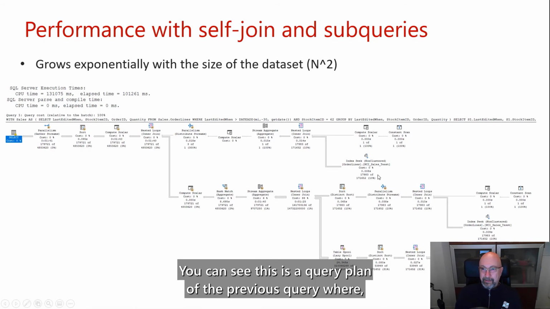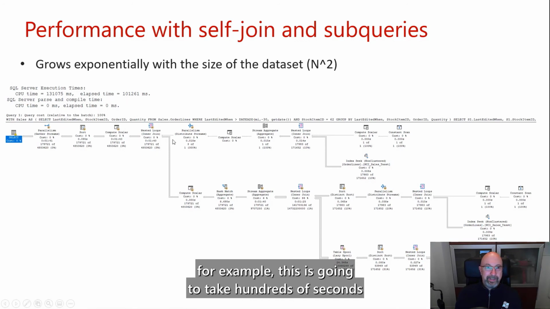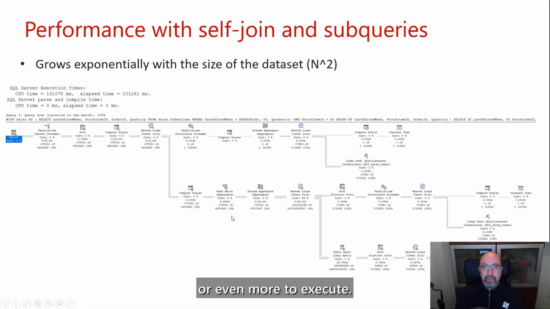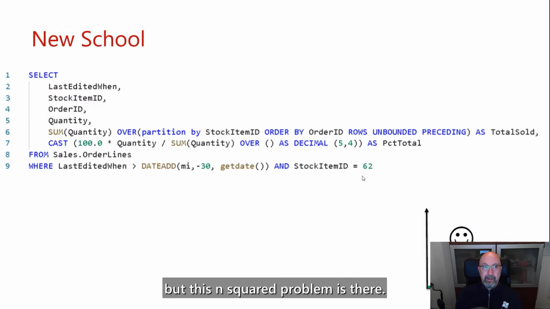You can see this is the query plan of that previous query, which is going to take hundreds of seconds or even more to execute. Yes, we can try to optimize this, but this n-squared problem is there.